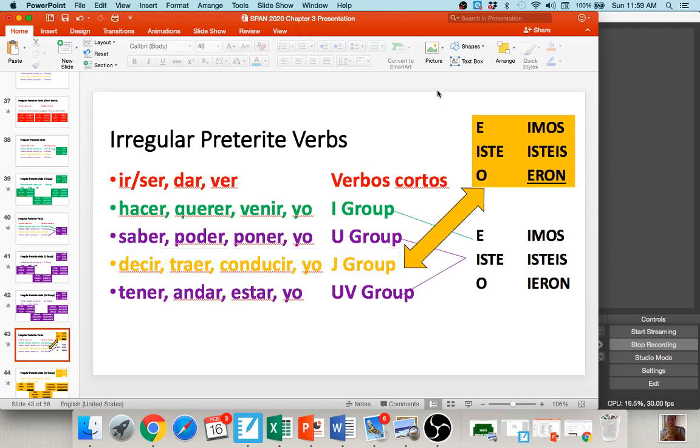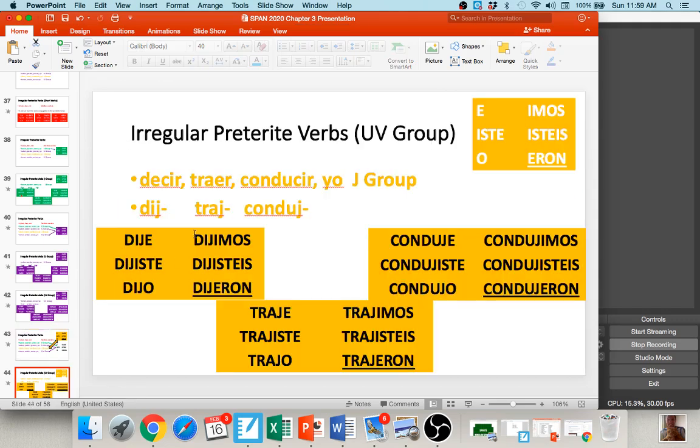Now, we call this the J group because it has a stem change to a J. So decir becomes dij, traer becomes traj, and conducir becomes conduj. So you get dije, traje, conduje. Again, notice same set of endings as all of our other lines from the song, except instead of ieron, we get dijeron, trajeron, condujeron.